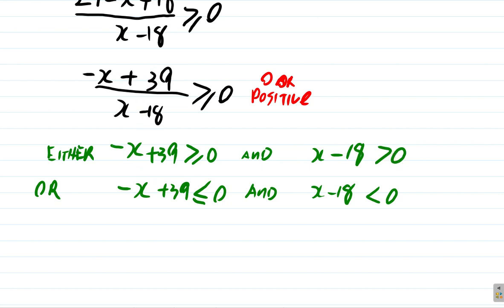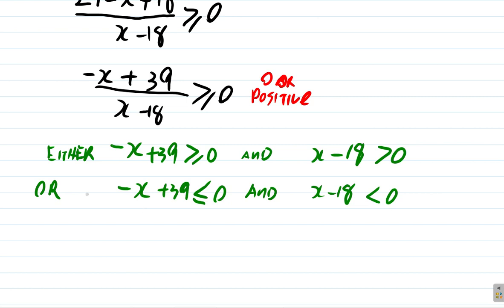But I did not say that x minus 18 is greater than or equal to 0 or less than or equal to 0, because x minus 18 cannot be equal to 0. It can be greater than 0, it can be less than 0, but not equal to. You cannot divide by 0. x minus 18 cannot be 0. So, less than or greater than. There should be no equal to here.